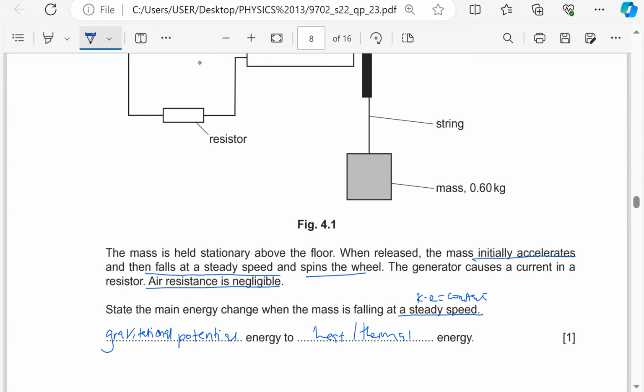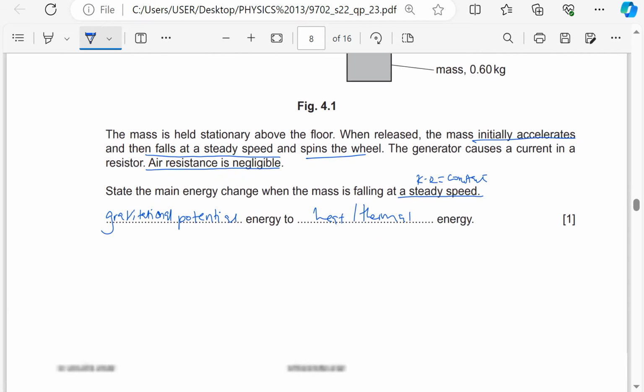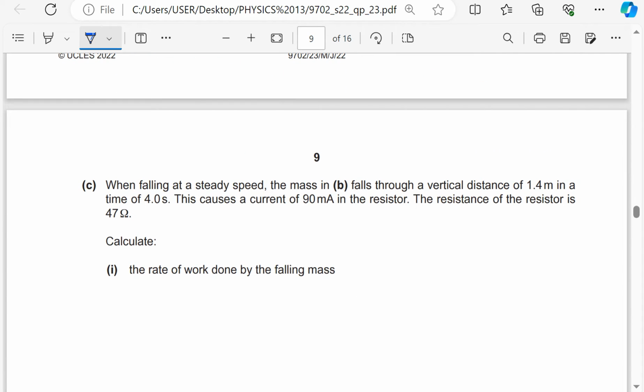Heat is the final fate of all energy transformation. So gravitational potential energy is converted to heat and current.